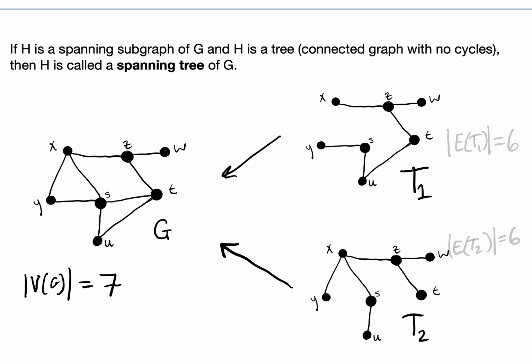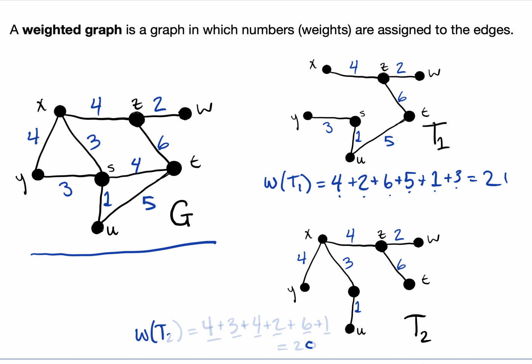So we've got a total sum of 10, 12, 18, 21. And the spanning tree T2 has a weight W of T2 that is the sum of its edge weights, 4 plus 3 plus 4 plus 2 plus 6 plus 1.